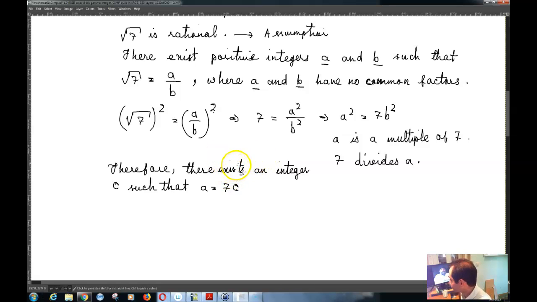If I square this equation, I will get a squared is equal to 49 times c squared, and over here we already know that a squared is equal to 7 times b squared.